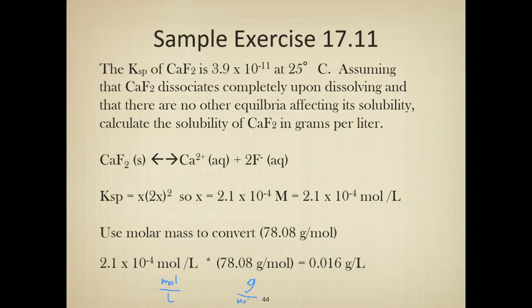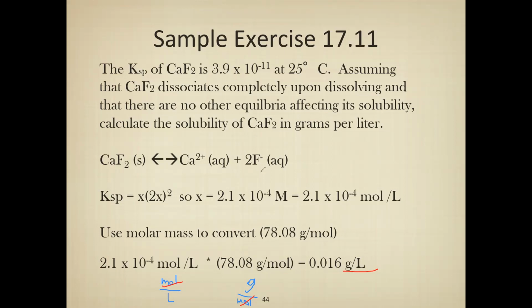the molar mass, which is 1 calcium plus the 2 fluorines. So we've got grams per liter. And what we're going to see here is moles on top, moles on bottom is going to cancel. And we're just left with grams on top, liters on the bottom. That gives us the units we're actually interested in here. And with this, we can just use the 2.1 times 10 to the negative fourth.